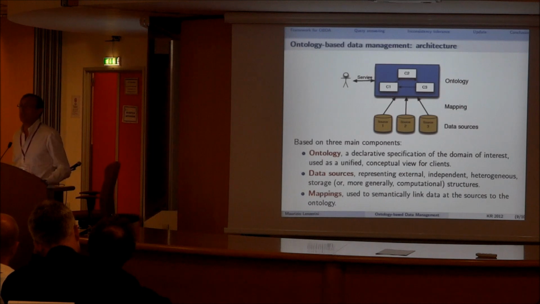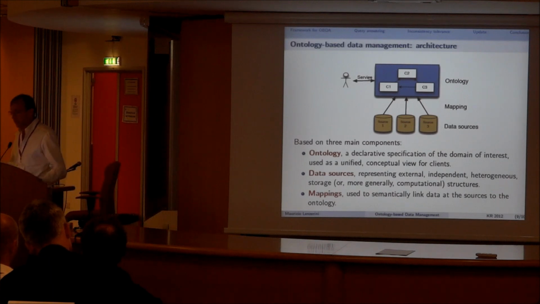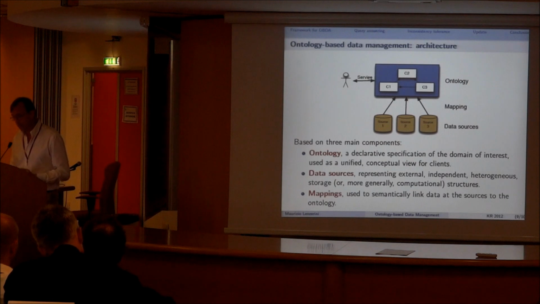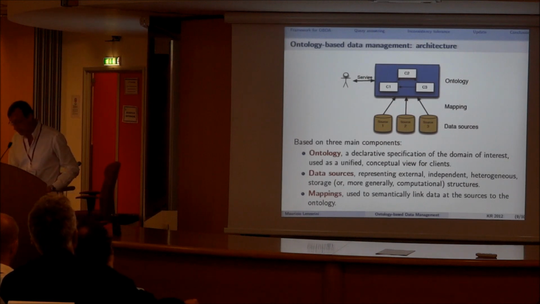And the idea is that instead of just looking at the table that we saw before, you can talk about customers, groups, and you can talk about the concept and ask for information, and hopefully the system is able to translate these queries in terms of the data source alphabet and mechanisms.